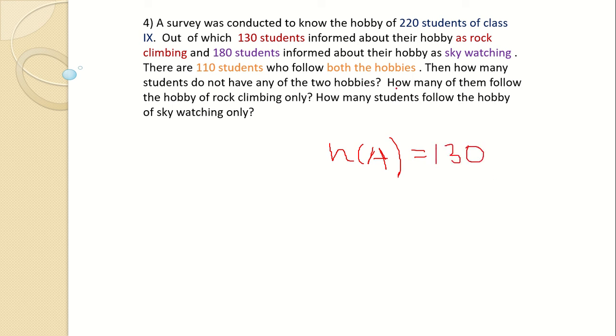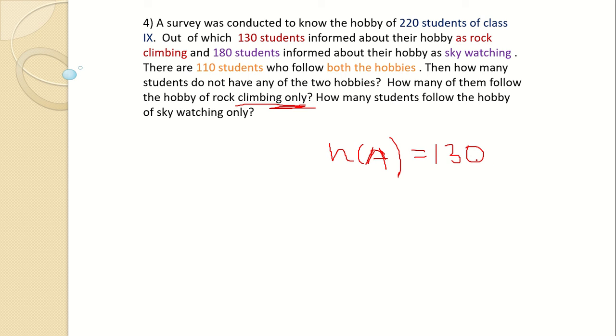The question says, how many of them follow the hobby of rock climbing only? It should be only rock climbing, and they should not have any other hobby, meaning they should not be having the hobby of sky watching. Now some of these 130 may have the hobby of sky watching also.